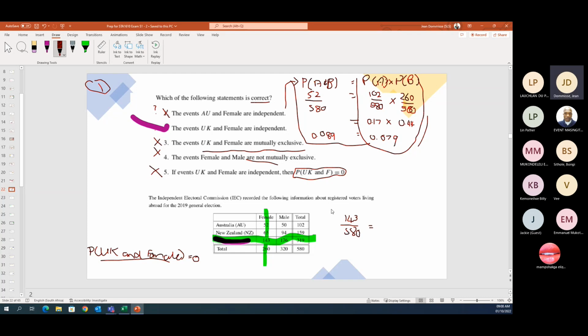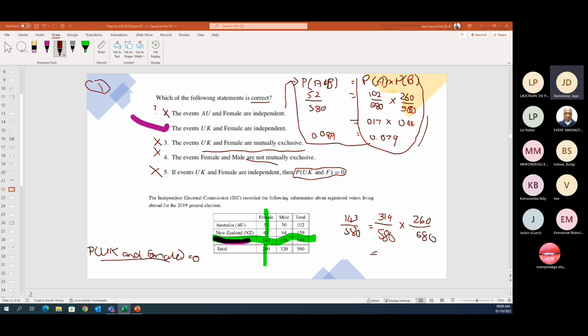And we say that should be equal to, again, female stays the same with 260 over 580. But the extra one that comes in is now UK, which is 319 divided by 580.